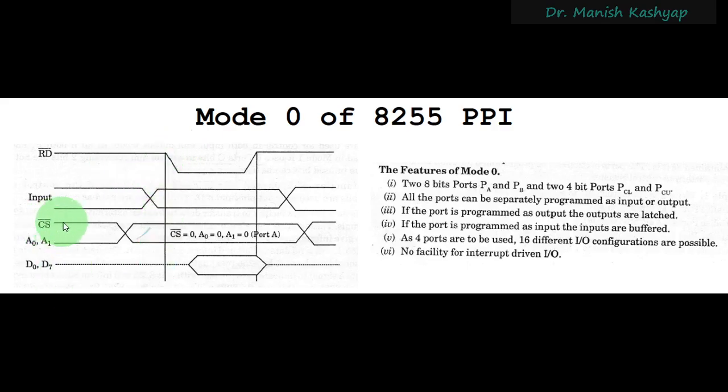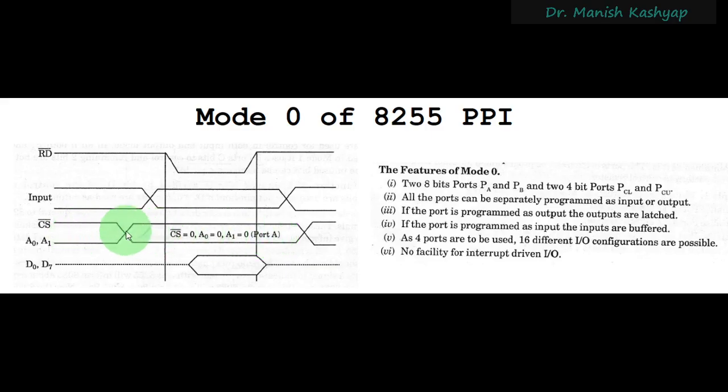First of all, the chip select signal has to be activated, and A0 A1 will decide which port is to be selected. You can see that this cross appears here, meaning the status of the signals will change first. In this box, for this particular duration, CS bar is 0, so CS is activated. That means the 8255 PPI will be selected. Then A0 and A1 will be given appropriate values. Here they have given 0 0, so port A is selected, right?